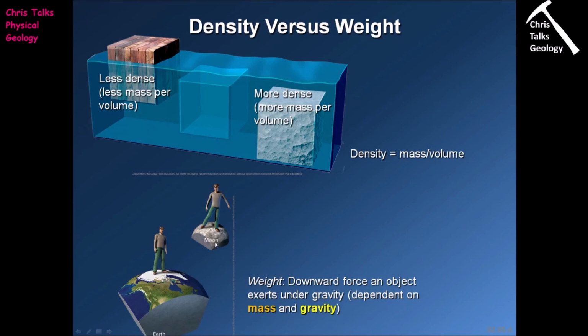So we know, of course, that the Moon, as a smaller body of rock, will have weaker gravity than the Earth. So this means that when we weigh the person at these two different locations, we're actually going to find that the person will weigh less on the Moon because there is lower gravity. Now, this actually does have effects when it comes to geology.